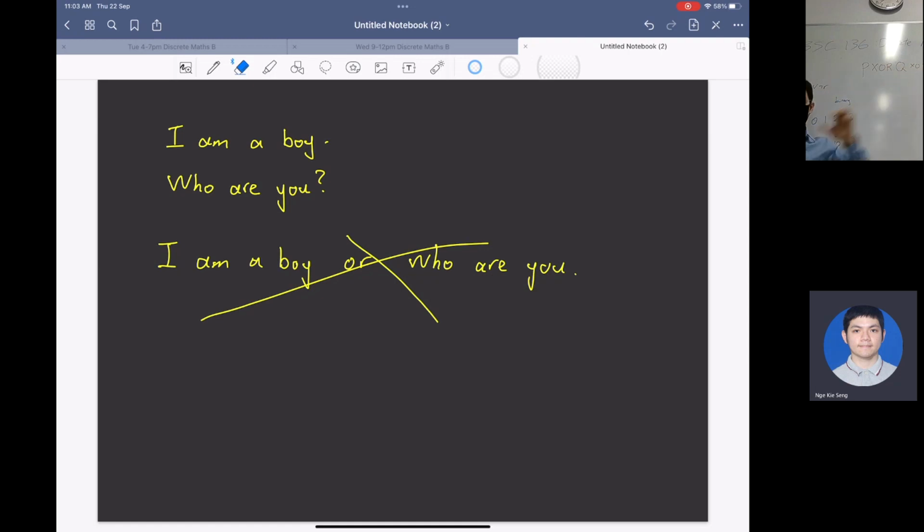Which one to do first? I could do Q and R first, or I can do P and Q first. There are two ways to do it, so you need to tell me which way first. But it turns out that any way you do it is the same.